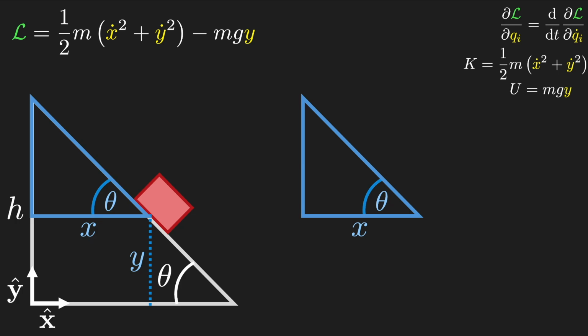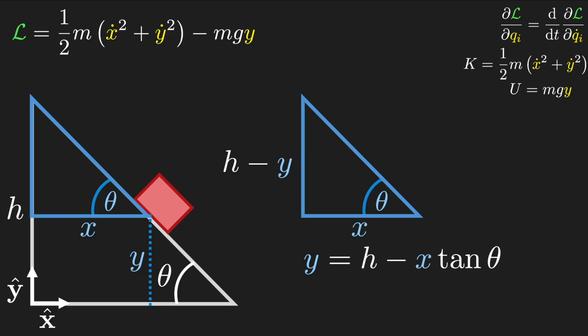Now, notice how the y coordinate of the box is just y, and so the height of this triangle will be h minus y. Now we have a triangle with an angle theta, opposite and adjacent sides. This means that we can use the tangent function to relate them. Solving for y, we get the following expression, which means that we have successfully linked x and y together.